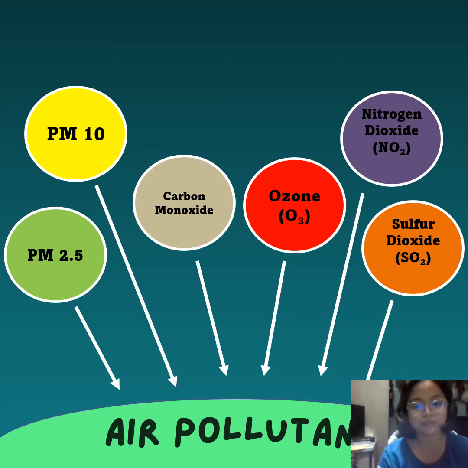We have ozone, nitrogen dioxide, and sulfur dioxide. These are the major health-damaging air pollutants according to the World Health Organization. Again, PM means particulate matter, a mixture of solid and liquid particles in the air that are small enough to settle out onto the Earth's surface under the influence of gravity.